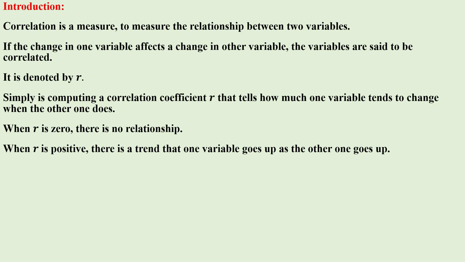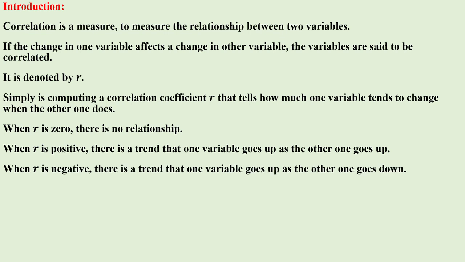X is one variable, y is one variable, and then it is called a positive correlation. When r is negative, there is a trend that one variable goes up as the other one goes down. So x is increasing when y is decreasing, or y is increasing when x is decreasing. In the graph, then it is negatively correlated.